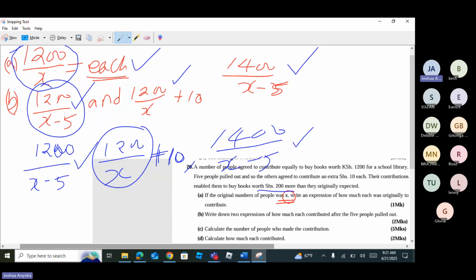After getting this one, part C, so we have three expressions, and I see they are making sense. The 1400 is justified because the books they bought after the contributions were worth 200 shillings. So 200 plus 1200 will give us 1400. And the members who contributed 1400 shillings were x minus 5. So this one is making sense.